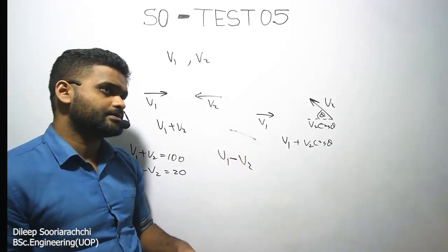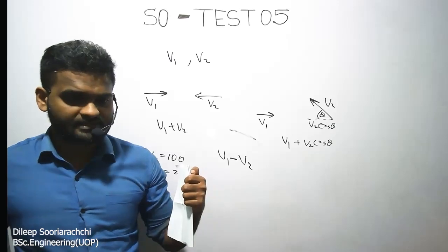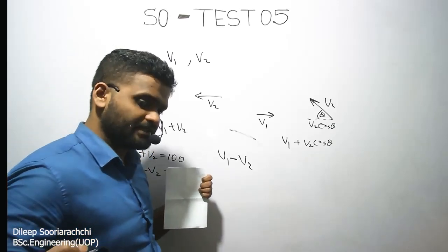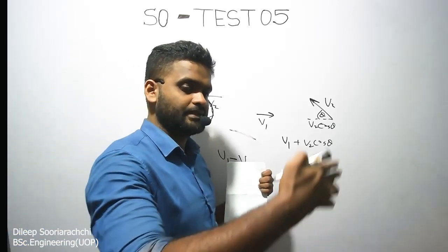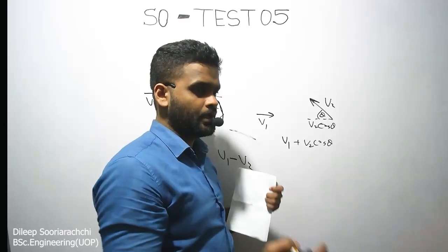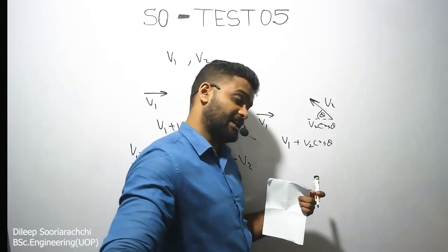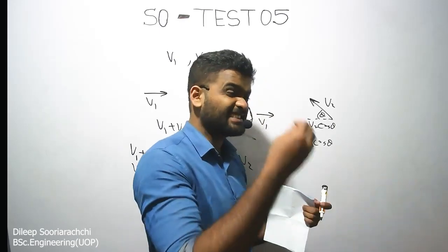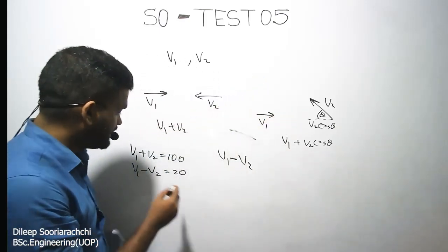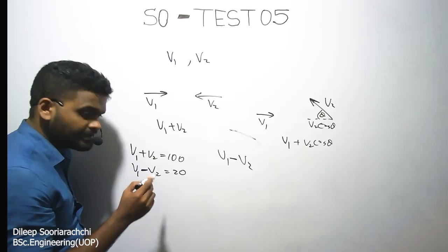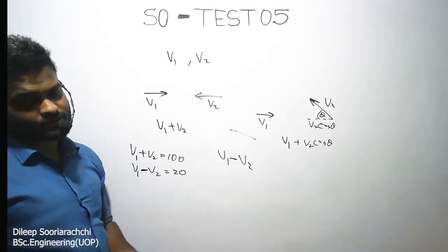Another scenario is, let's say a bus is passing your bus. How do you see the next bus passing you? You notice that the bus passing you has less speed, meaning you have to subtract. So there you notice the relative velocities.